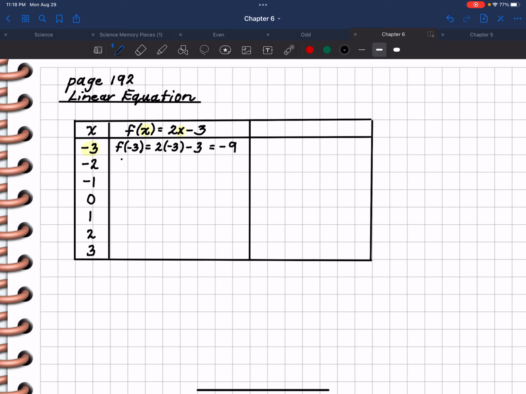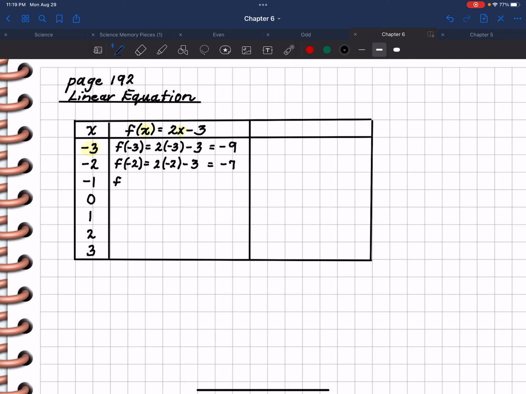Okay, let's plug in F of -2. And we get 2 times -2 minus 3. So we get -4 minus 3 is -7. Okay.